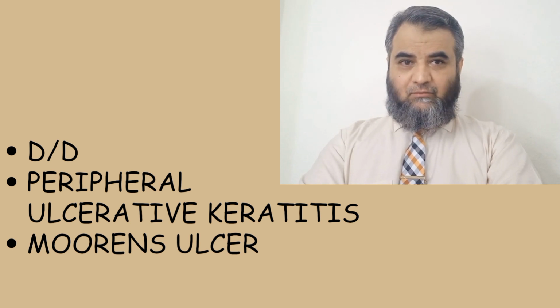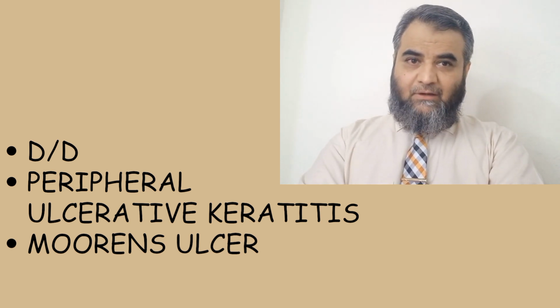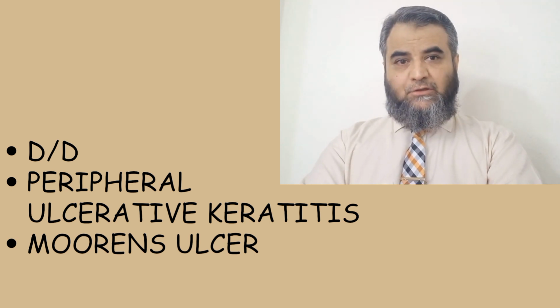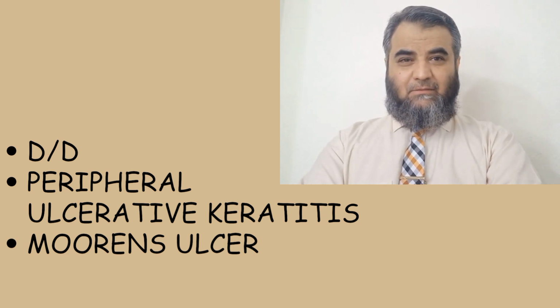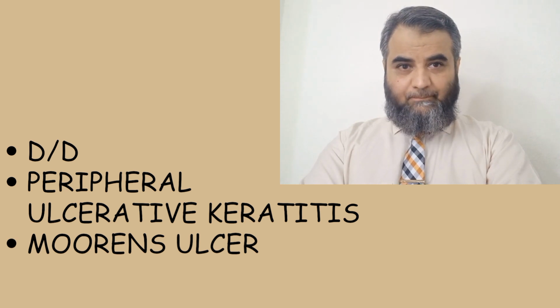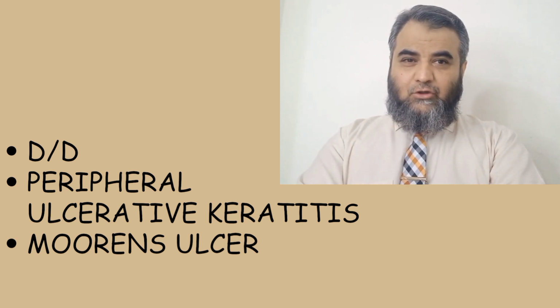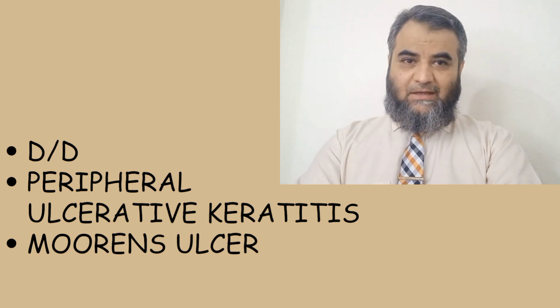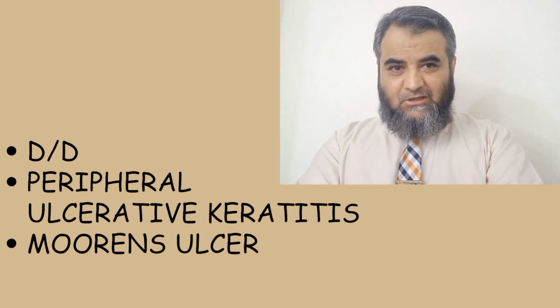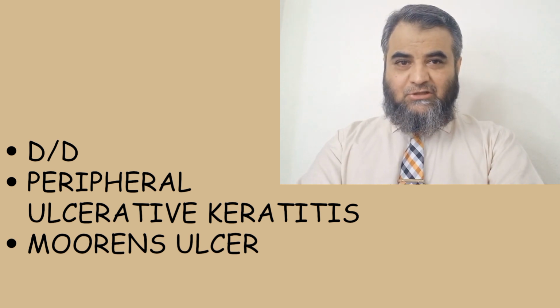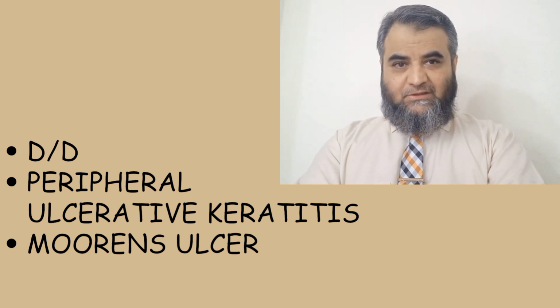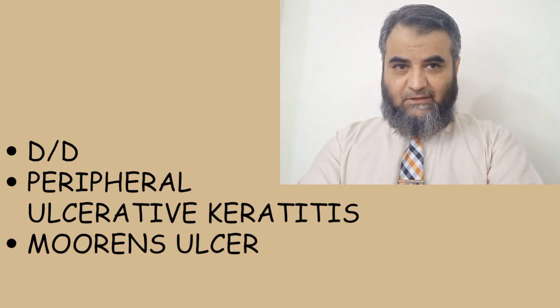While managing this type of disease, we should also keep in mind two very important entities which can mimic marginal keratitis. One is peripheral ulcerative keratitis, a collagen vascular disease that has a more aggressive course. In this disease, we usually also encounter an element of scleritis, and it is usually not as responsive to topical steroids as marginal keratitis.